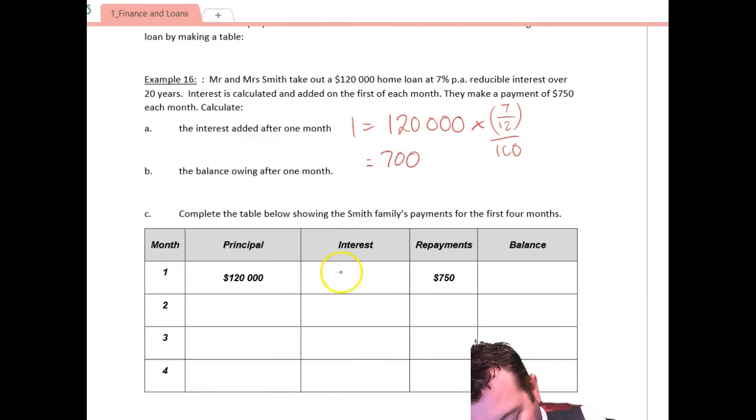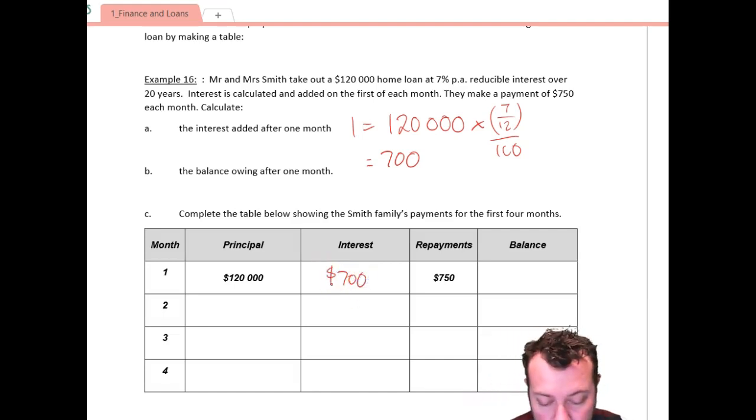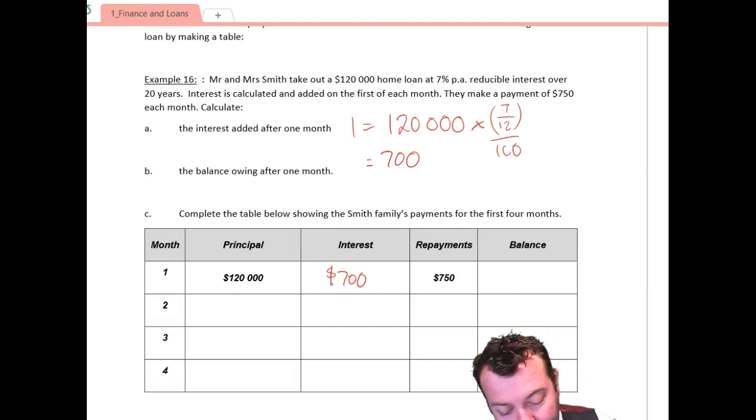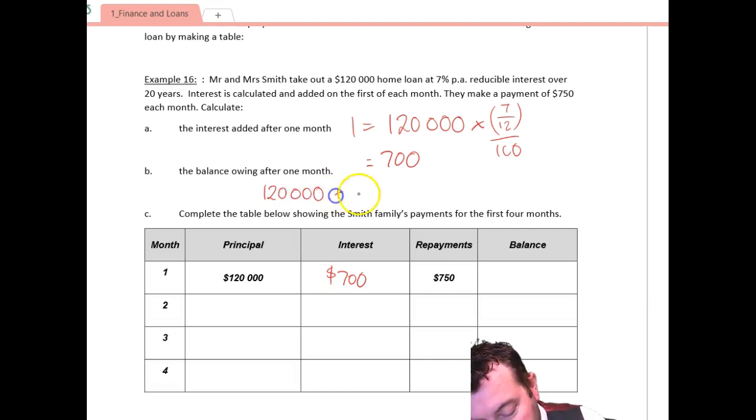And I'm going to put that in my table here. $700 interest is charged on that loan or accumulates to that loan in the first month. We then make a repayment of $750, so my balance at the end of the first month is 120,000 plus 700.